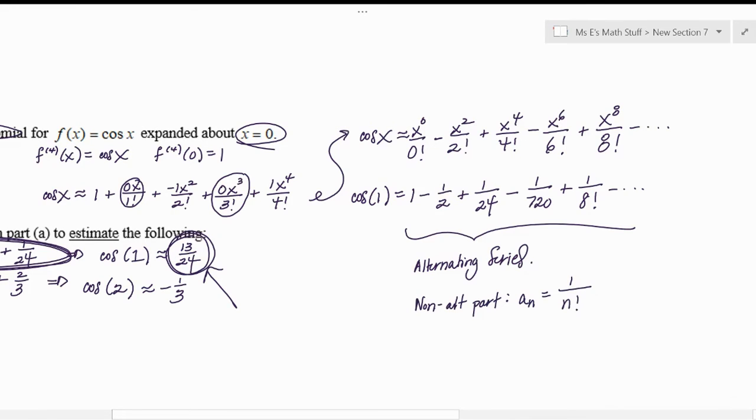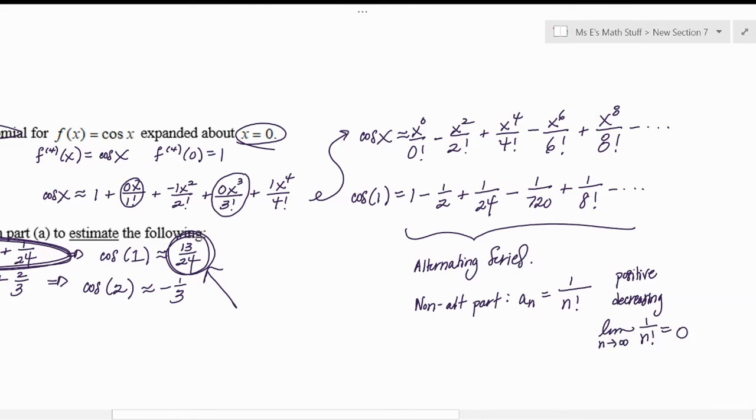Notice that that is always positive, that it is always decreasing in value, and notice that the limit as n approaches infinity of 1 over n factorial is 0.